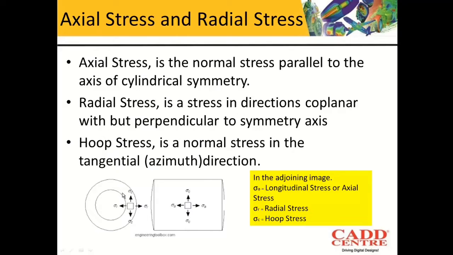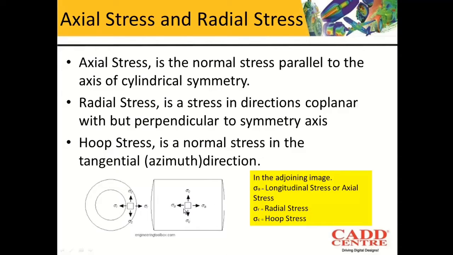If you consider this point on the pressure vessel, the stress acting in the radial direction will be the radial stress, and the stress acting in the tangential direction, also called the azimuth direction, will be the hoop stress.